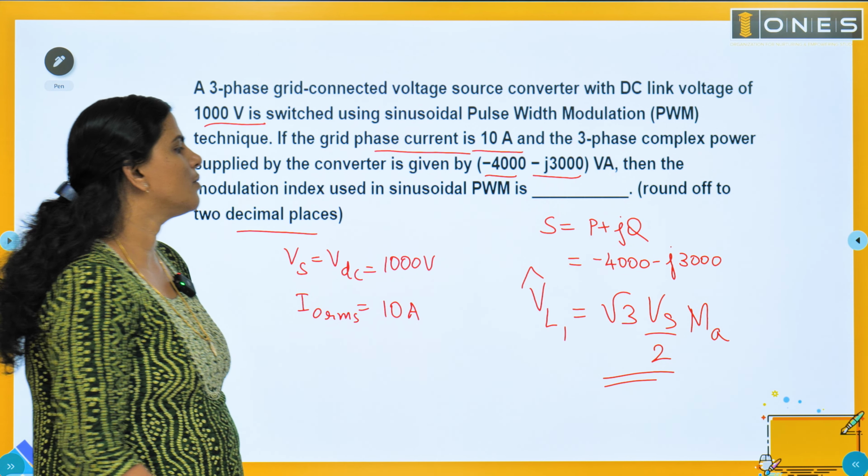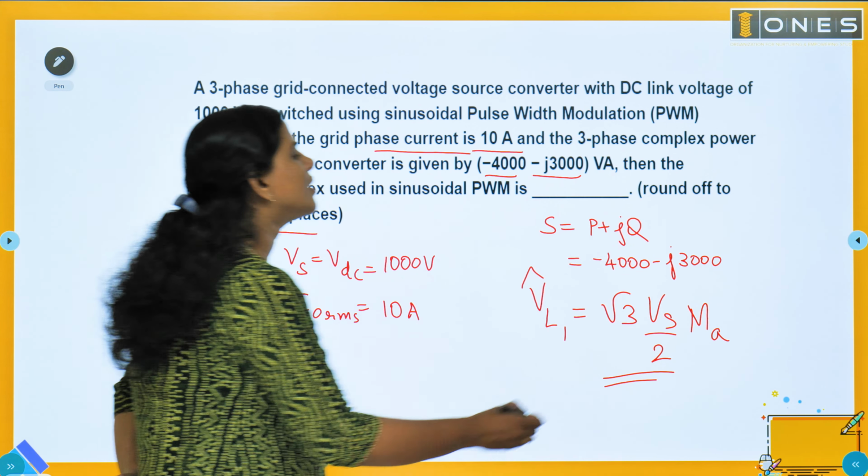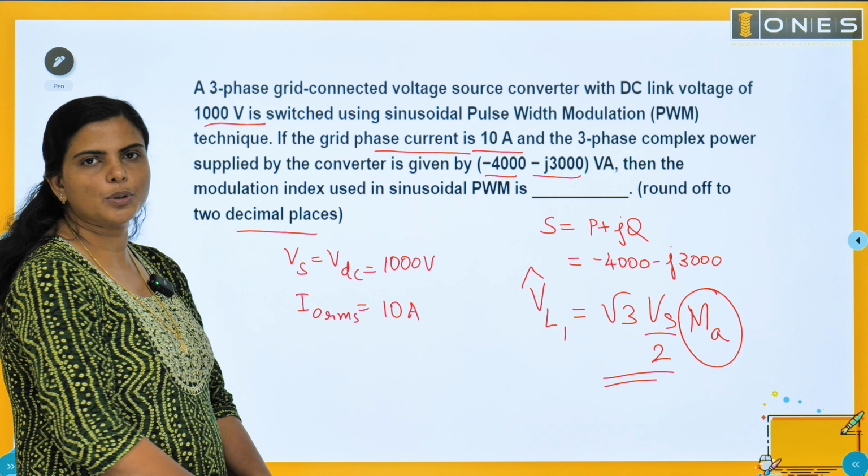We are asked to find this MA. For that we should know VS and VL. VS we have from the question, and VL we are supposed to find out.